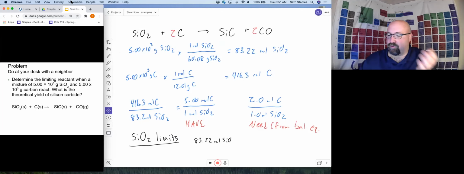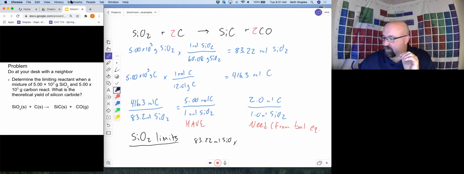That's what I'm asked for in the problem. And so I'm going to do my molar ratio of 1 mole of silicon carbide per every 1 mole of SiO2. Lastly, I'm looking for the theoretical yield, and that's typically going to be in grams of my silicon carbide.